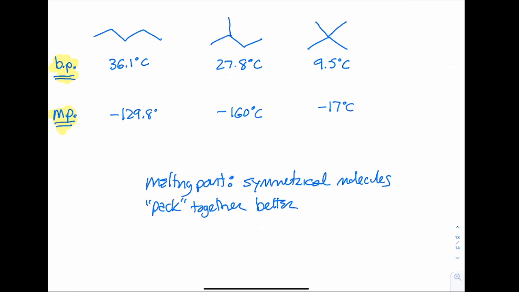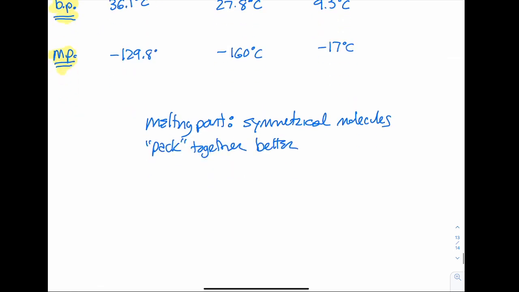If I was to try to stack them close, because remember, intermolecular forces are between particles, it's easier to draw with this one. If I was to take that one and try to get another one close, I can lay them on top of each other.